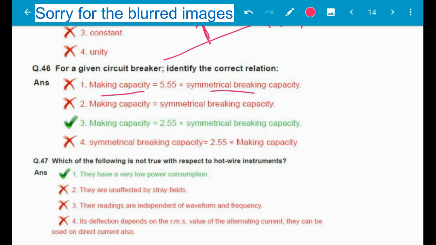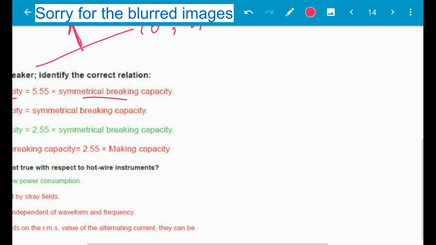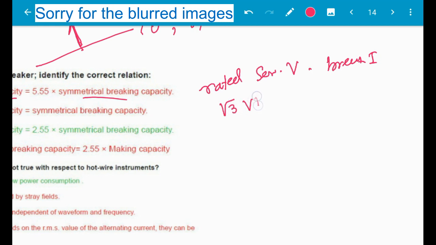So this is the breaking capacity, and in common, breaking capacity is expressed in terms of MVA, because current is generally expressed in ampere, but in common they write it in MVA, because the rated service voltage V into breaking current I, and for 3 phase this will be 3 VI.